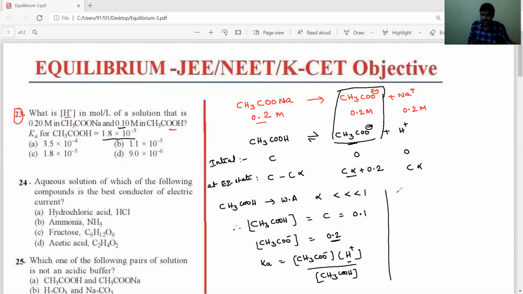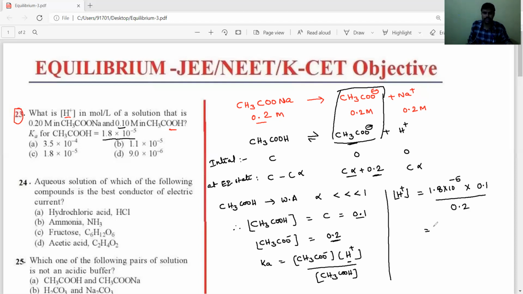Then H plus ions concentration is equal to Ka into concentration of acid divided by concentration of salt. Ka value how much they gave, dear students? 1.8 into 10 to the power of minus 5, into acetic acid concentration at equilibrium state 0.1 molar, divided by acetate ion concentration 0.2.